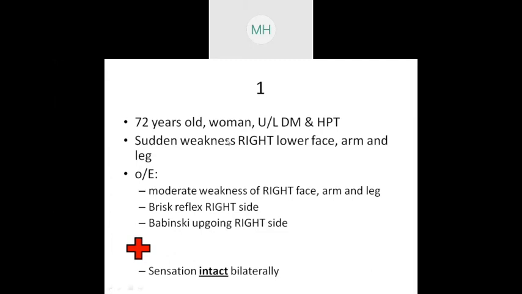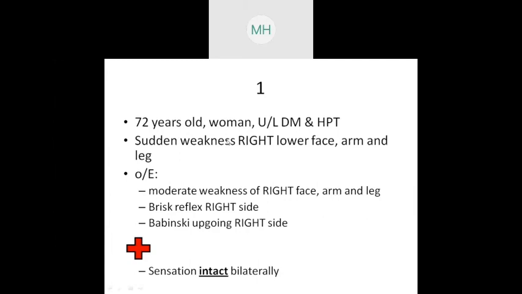You can start from cortical or subcortical. If you feel that you are not sure, cortical or subcortical, you just try to guess. This lesion can be on the left side or right side.